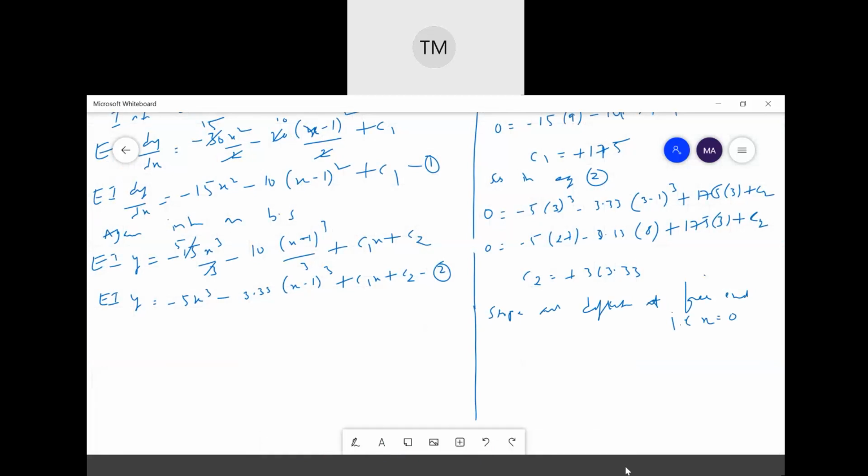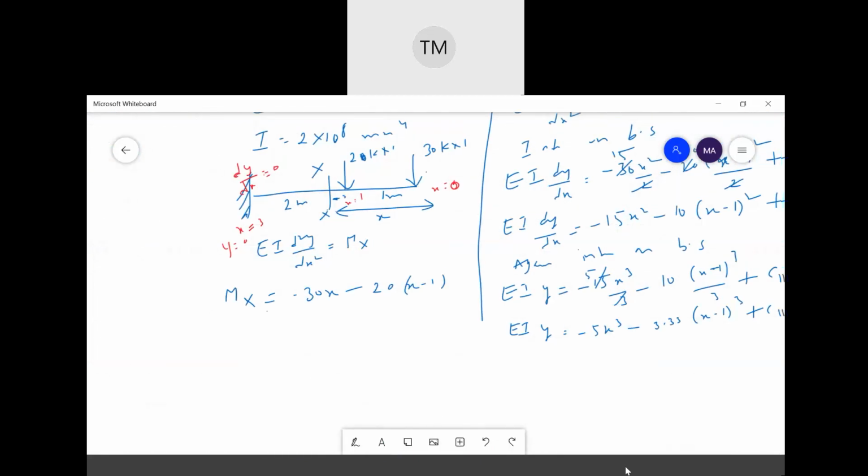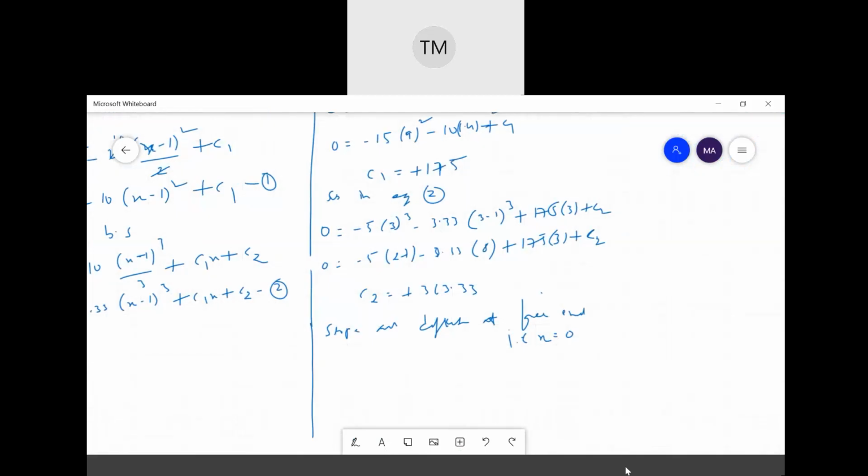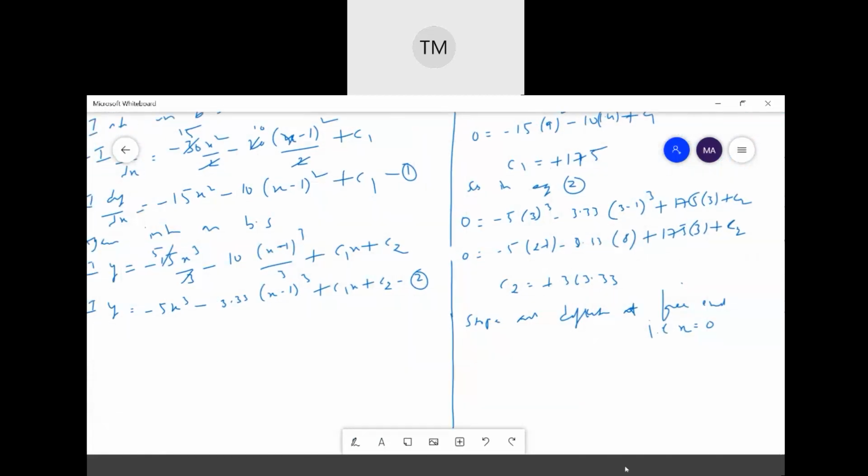What happens at free end? What is the value of x here? The value of x is 0 at free end. So you are calculating slope and deflection at free end, that is, x is equal to 0. When you substitute here, what happens?